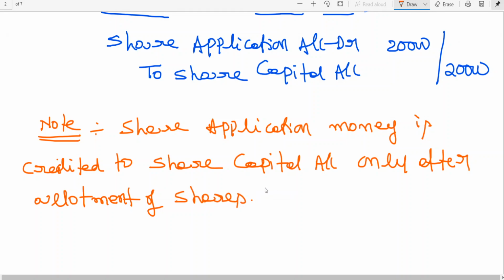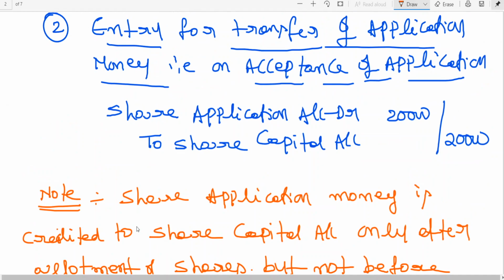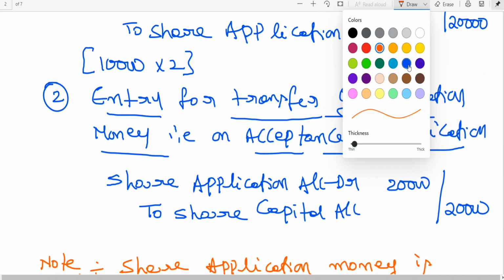This is important. Clear to all of you? So you write the second entry only after allotment of shares, not before allotment. That is what is called the transfer entry.